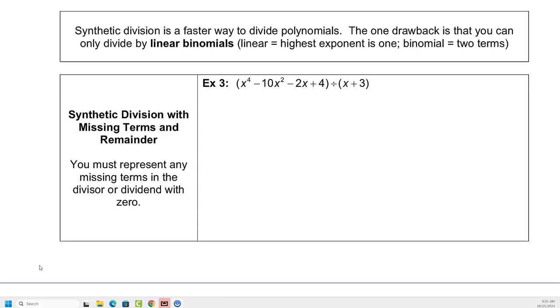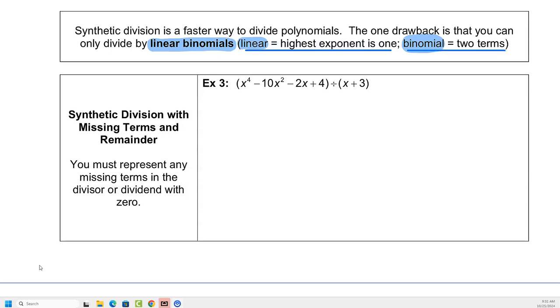It totally is. The one drawback is that you can only divide by linear binomials. Okay? Linear binomials. So what does linear mean? Okay, we have right here the highest exponent is 1. Okay, what does binomial mean? It has 2 terms.